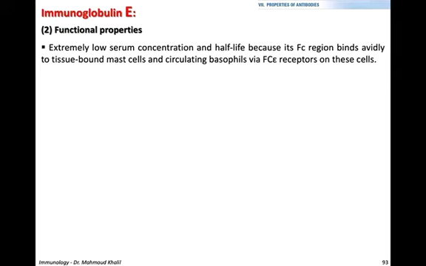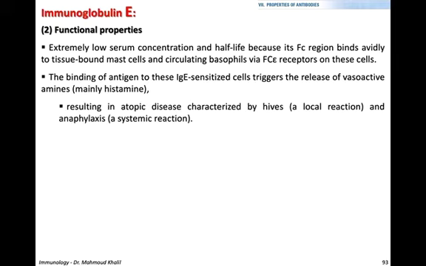This type of antibody has a very low serum concentration and a short half-life, because its Fc region binds avidly to tissue-bound mast cells and circulating basophils via a specific receptor, the Fc epsilon receptor on these cells.